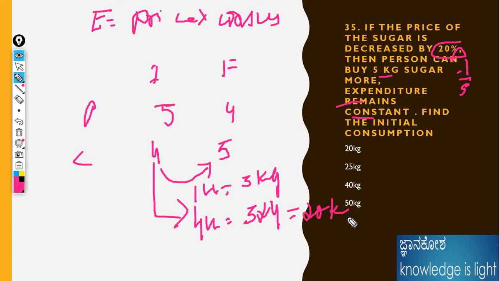What happens finally after decreasing? 5 units gives 25 kg. Before decreasing the price, they were taking 20 kg, the initial value. After decreasing the price they are taking 25 kg. Understand the logic meant by this.